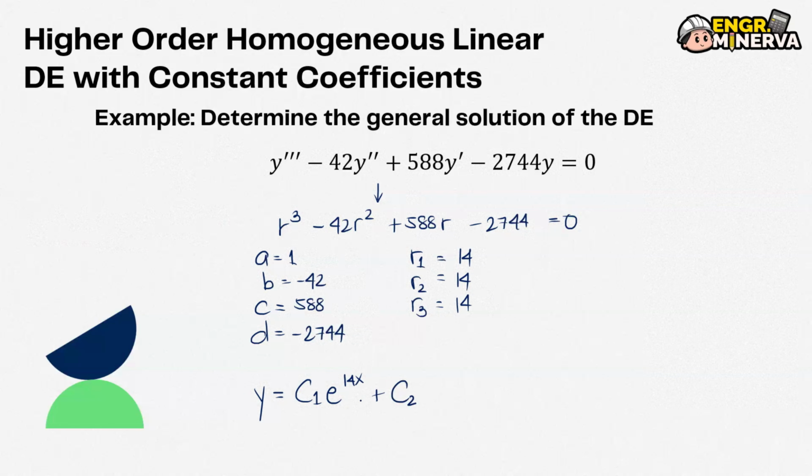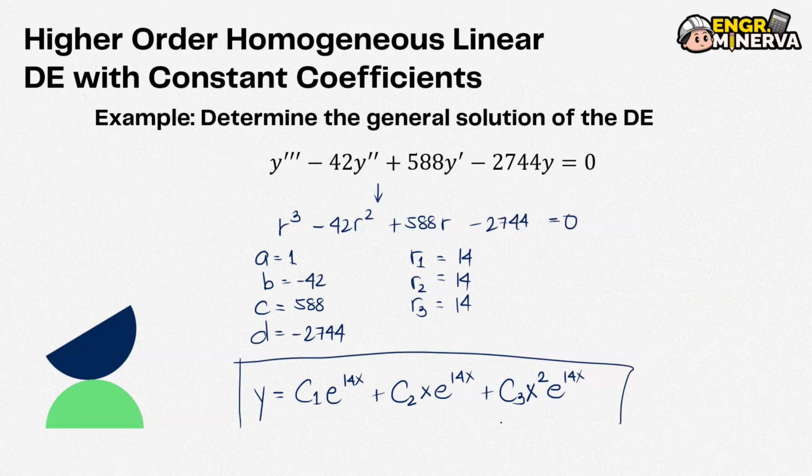Again, the root repeats, so we introduce x. Plus C3. The root again repeats, so we introduce not x, because it would be the same as the previous term. We now include x squared. So it is in succession. If we have another root that is the same, we multiply x cubed and so on. That is our final answer.